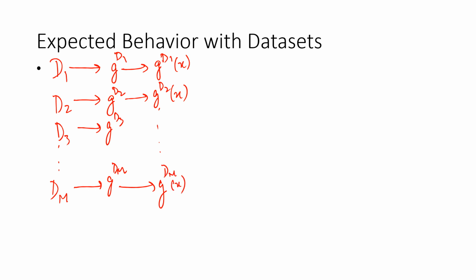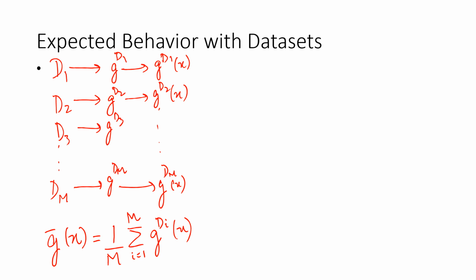So what exactly are we interested in? We are interested in the average prediction over all data sets. What is the average prediction of X over all the possible data set generations that we did? So the average G bar of X is going to be nothing but the arithmetic average, with i from 1 to M, of G Di of X. Now if we have a huge number of data sets, this value approaches the expected value of this average.